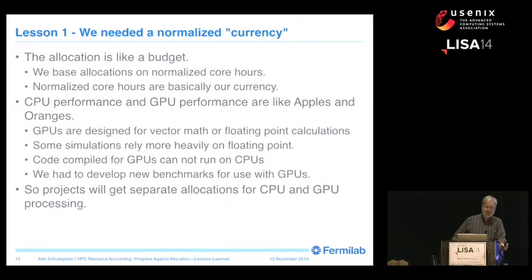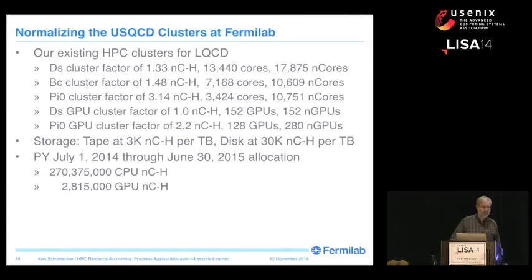They had to develop new benchmarks when they started implementing the GPUs to measure how fast these things were going. And for the new Pi0 cluster that recently went in, they had to rework the benchmarks to make it able to deal with the bigger systems. If a project gets an allocation, they would get a separate allocation for CPU time and GPU time if they're going to do both.